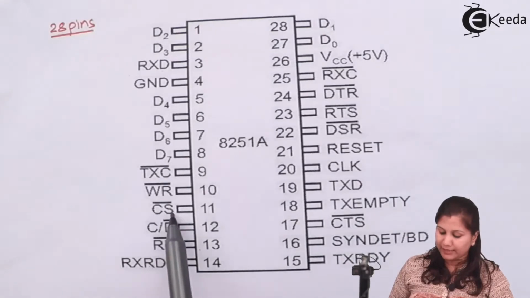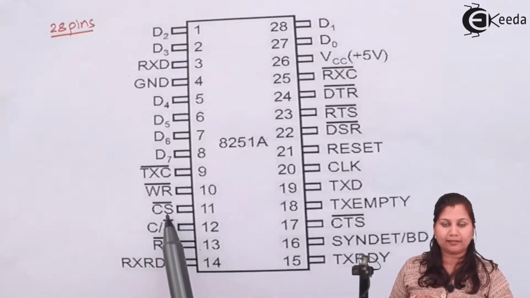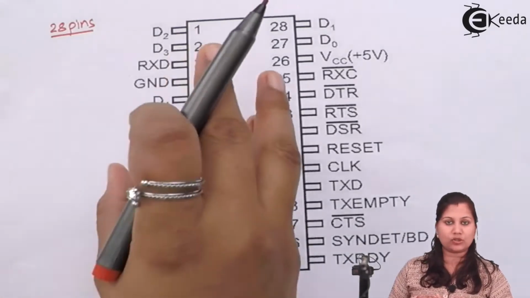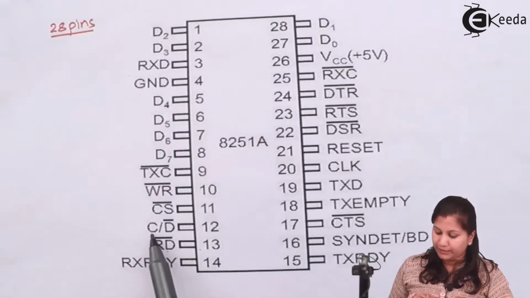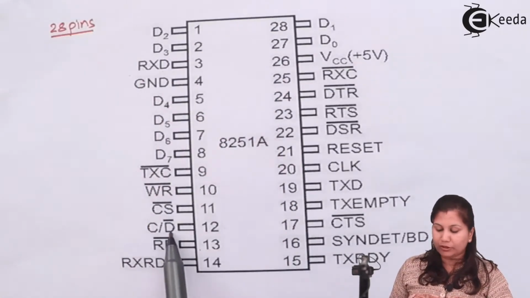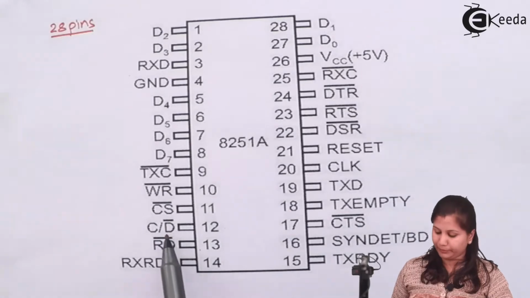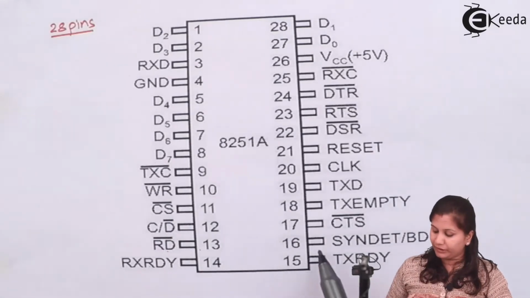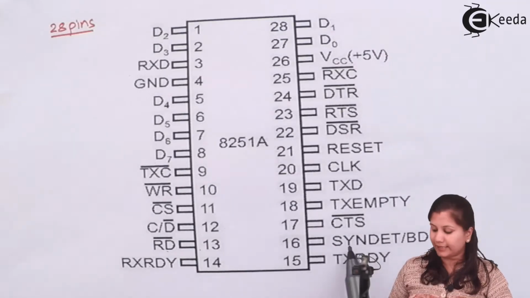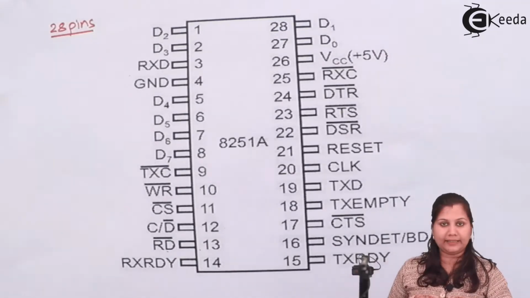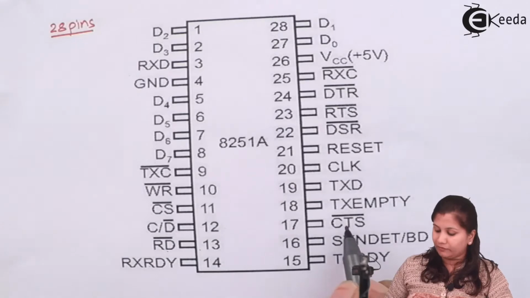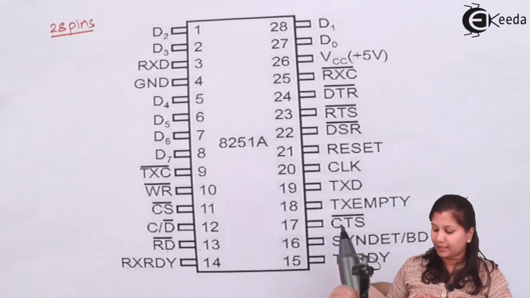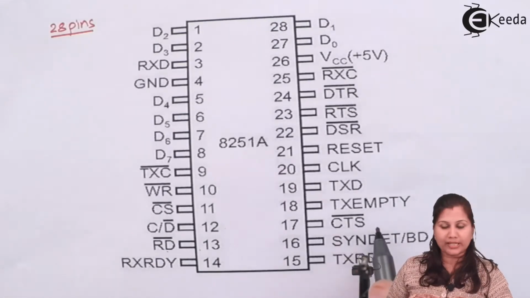Then we have CS bar. This is the chip select signal which is used to select this chip 8251. Then the 12th pin is for control and data pin. Then we have pin number 16 for sync detect and break detect. Then we have CTS, this is clear to send.